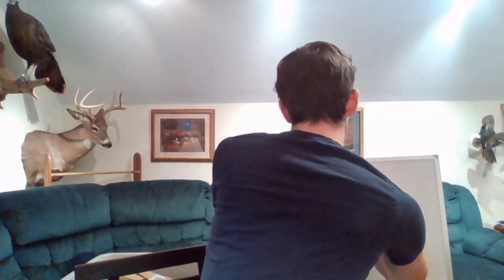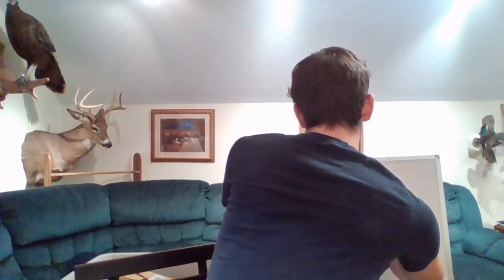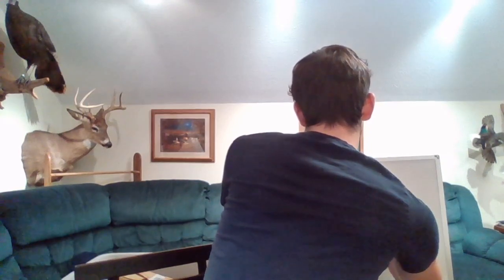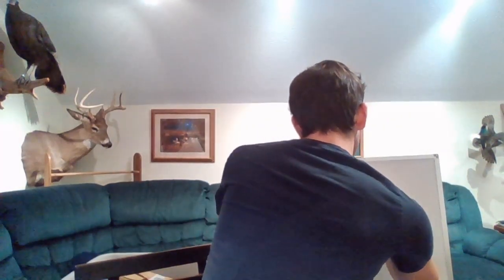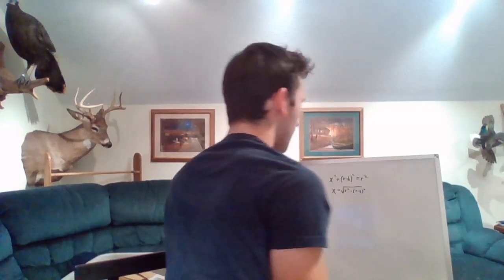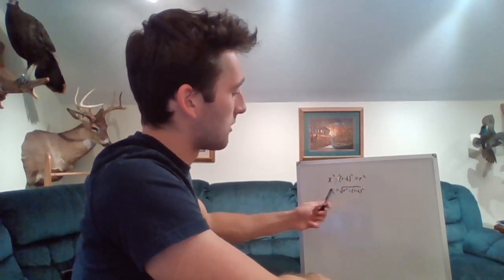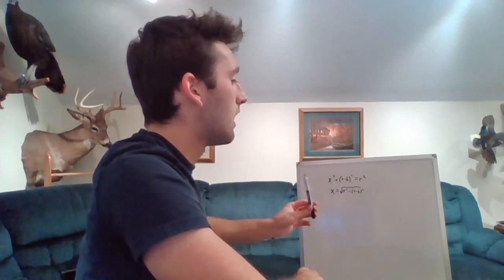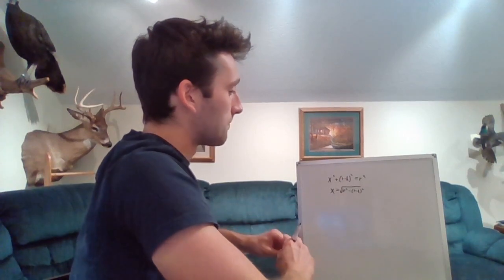So what we will end up getting is x equals the radical of r squared minus (r minus h) squared. And what will happen in here is (r minus h) squared is equal to r squared minus 2rh plus h squared.